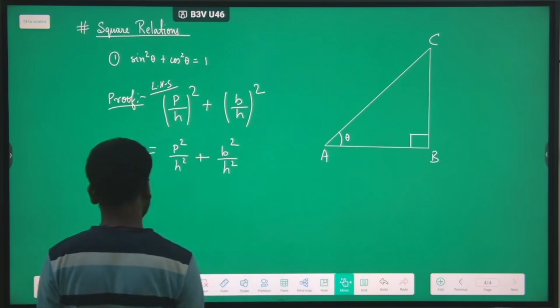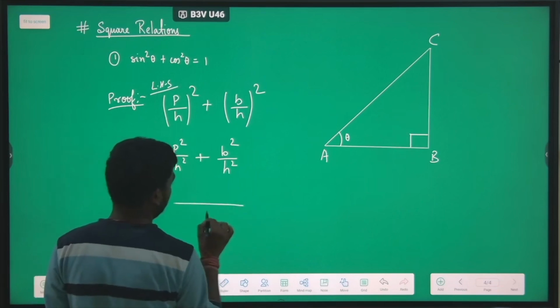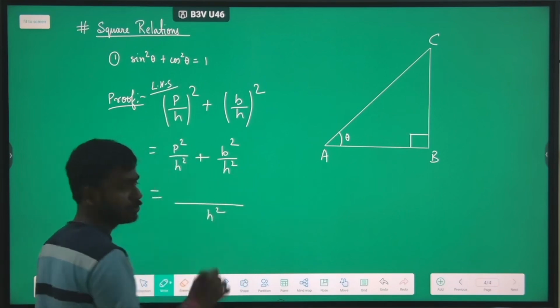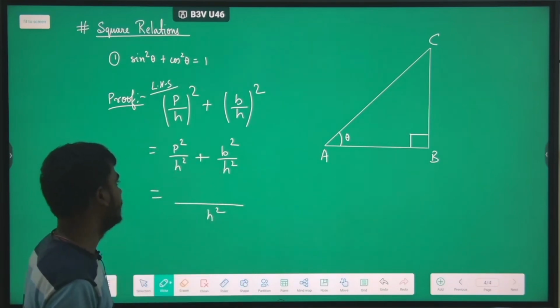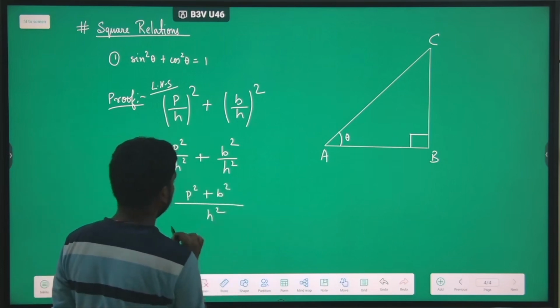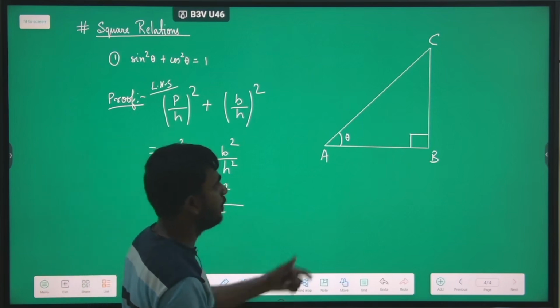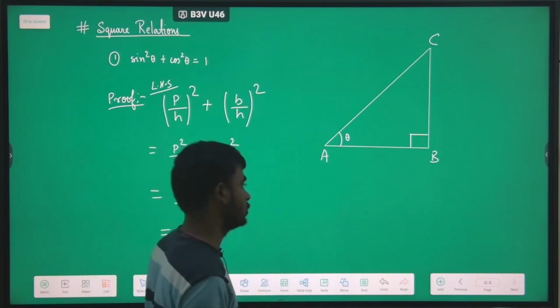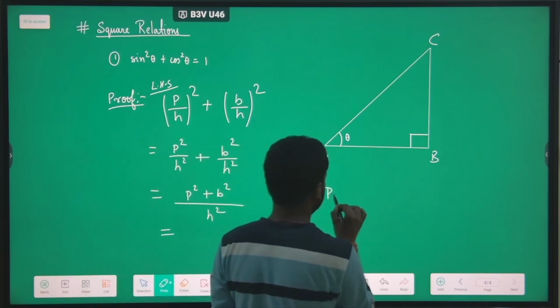Now on taking LCM, we will get H square, so in the numerator it will be P square plus B square. Now we first have to know the Pythagoras theorem. What does the Pythagoras theorem state?